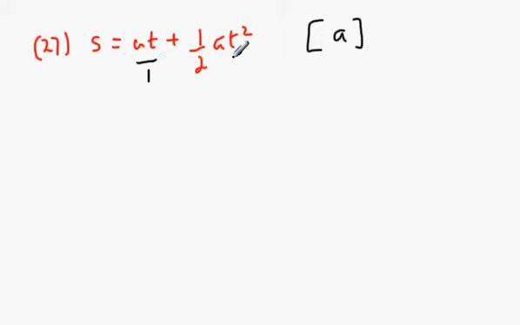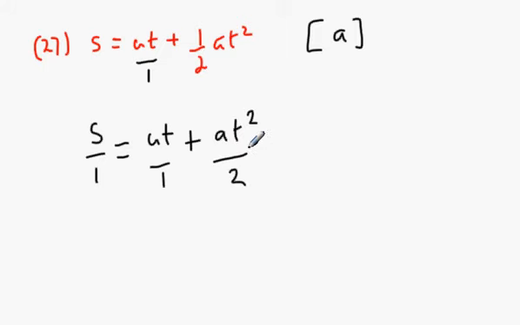No. Okay. So what we could do here is give them the same denominator. Sorry, we'll just rewrite this first because I think I might confuse you with the first step. So what you end up getting is S over 1 equals UT over 1 plus AT squared over 2. We haven't changed the formula at all, have we?